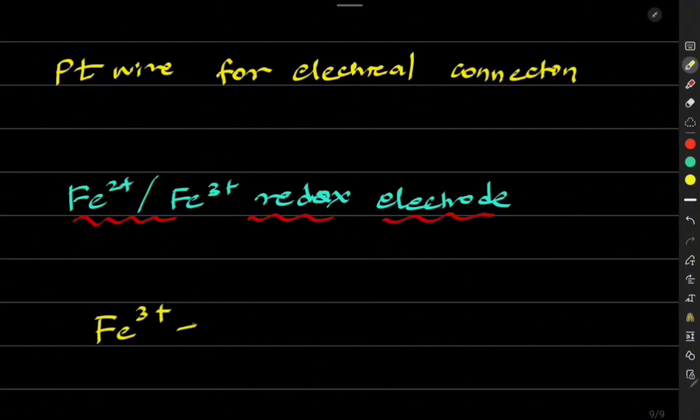Fe3 plus is reduced to Fe2 plus. It is a reversible reaction.